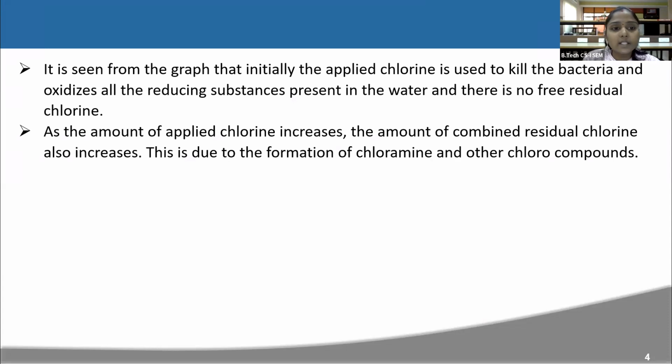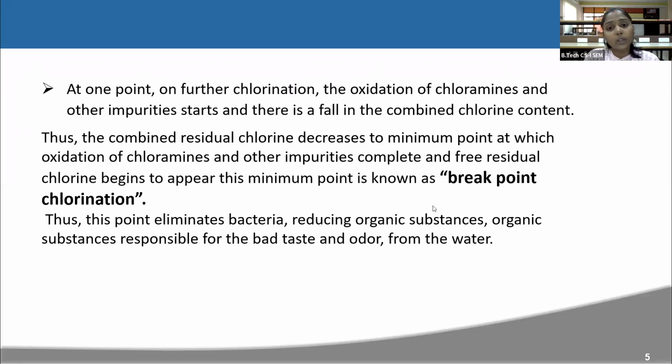As the amount of applied chlorine increases, the amount of combined residual chlorine also increases. This is due to the formation of chloramine and other chloro compounds. So at one point on further chlorination, the oxidation of chloramines and other impurities starts, and there is a decrease in the combined chlorine content.